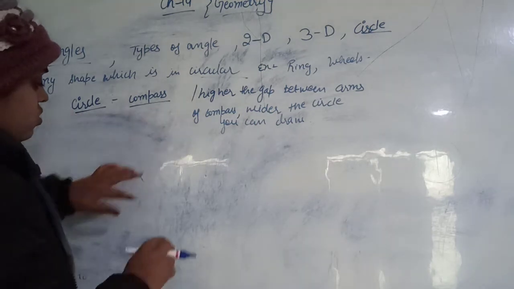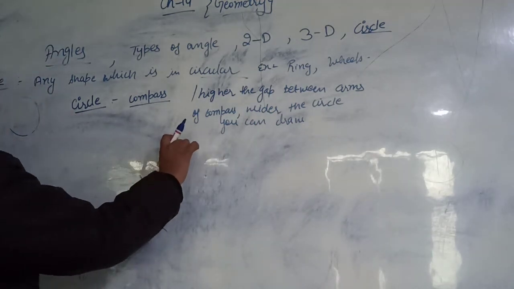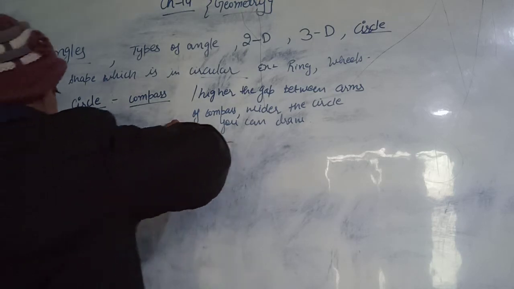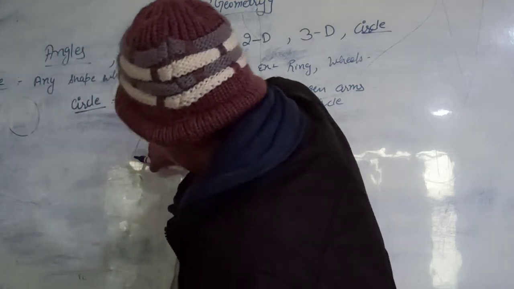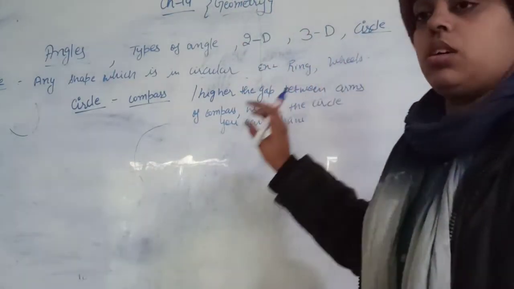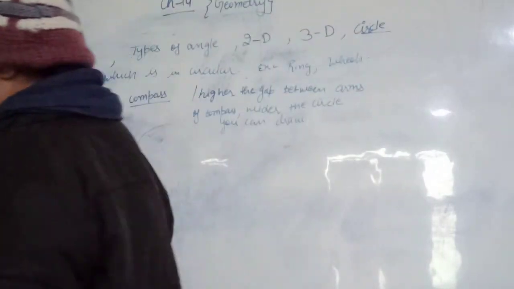You have to just rotate like this, as my hand, on the same space. Only then can your circle be drawn properly. Clear?